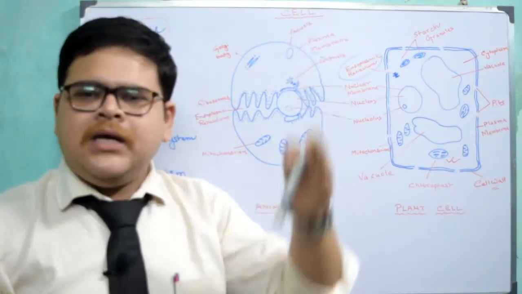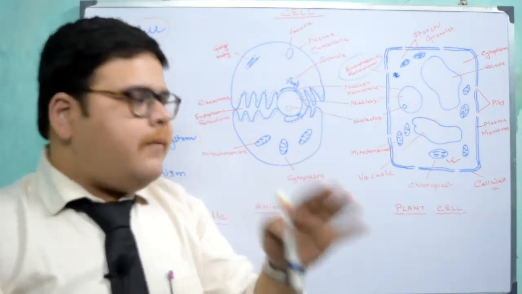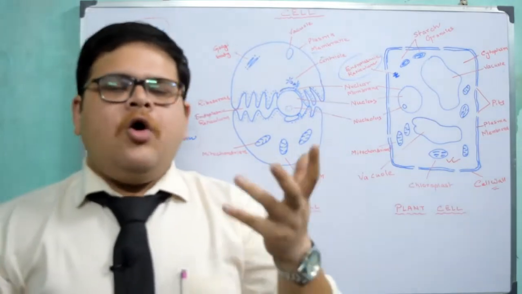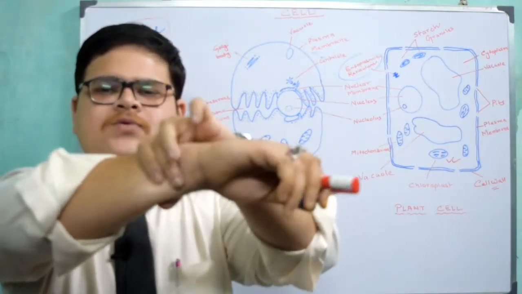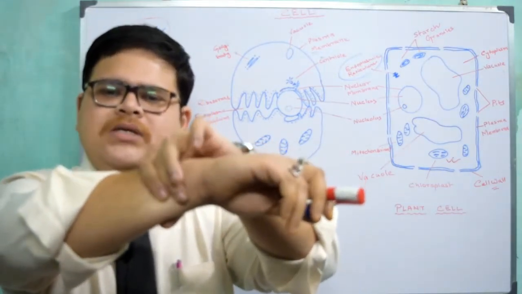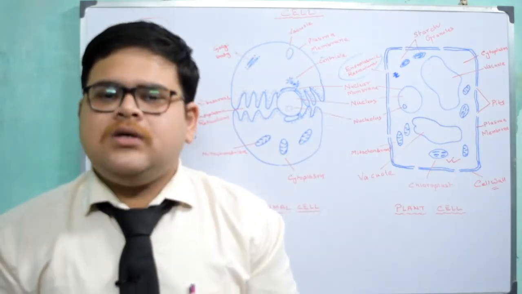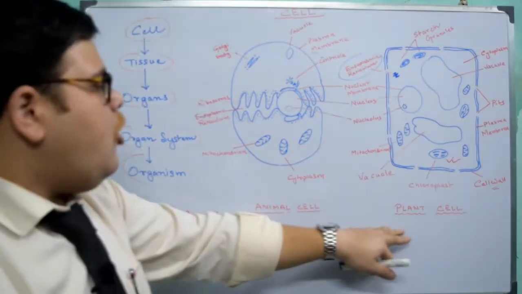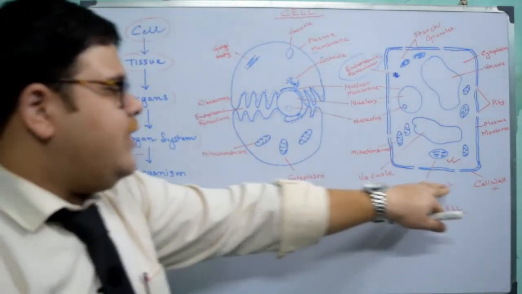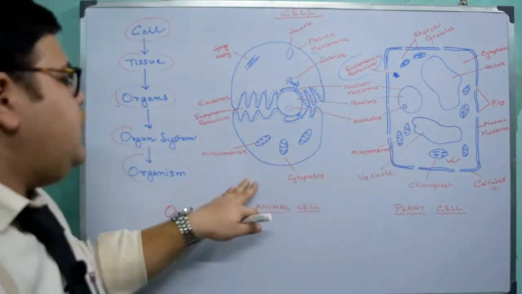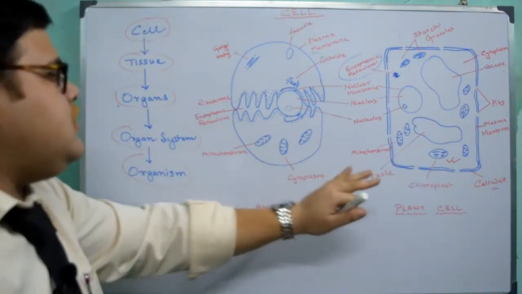We have seen plants standing in front of our house. But animal cells have the property of squeezing. Suppose this is my hand and I am squeezing it, it gets squeezed, right? But if you try to squeeze a plant, will it get squeezed? No. That is the reason the plant cell has a cell wall for extra protection, but animal cell does not have this cell wall.